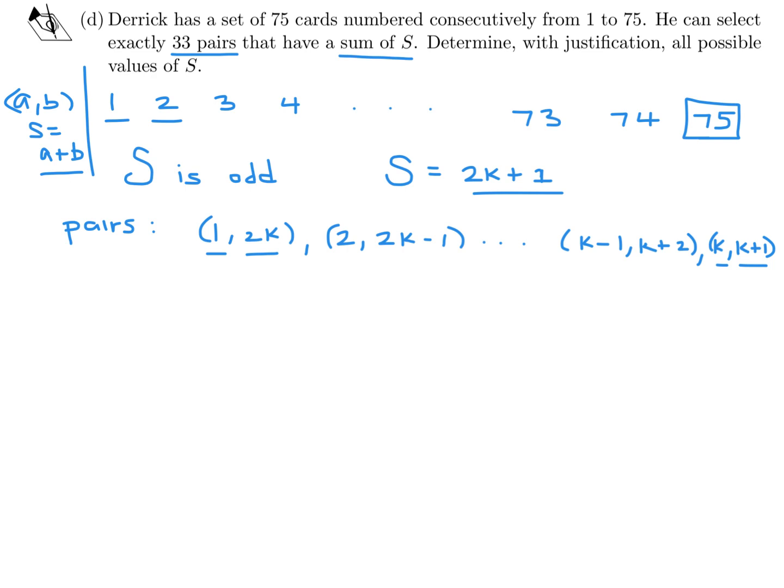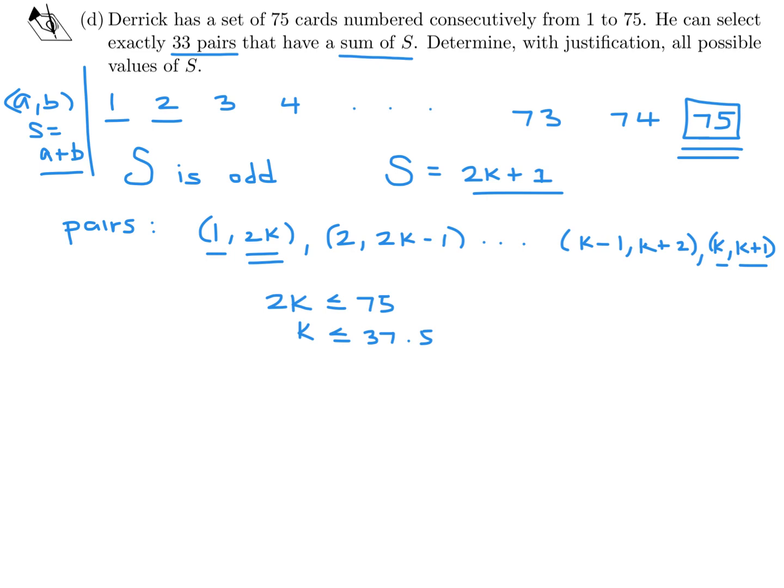Let me think about this for a second. We have only 75 cards, so we are limited as to how far we can go. 2k has to be 75 or less, which gives us a parameter: k is less than or equal to 37.5.